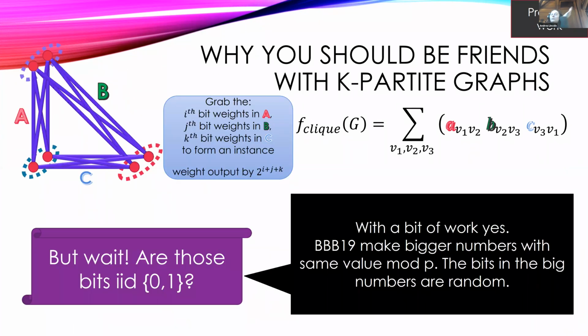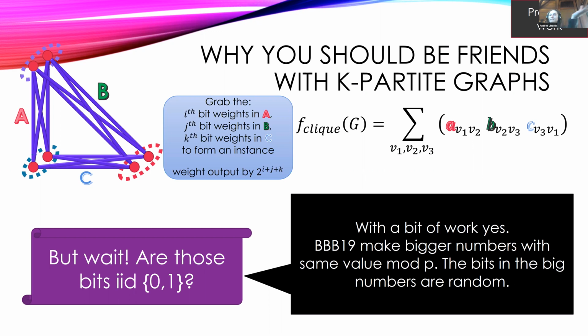Now you might be thinking, wait, Andrea, are these bits really IID 0, 1, right? Like, you just said that these are random numbers between 0 and some prime that's close to log n. And the answer is not natively, but with a little bit of work, yes.